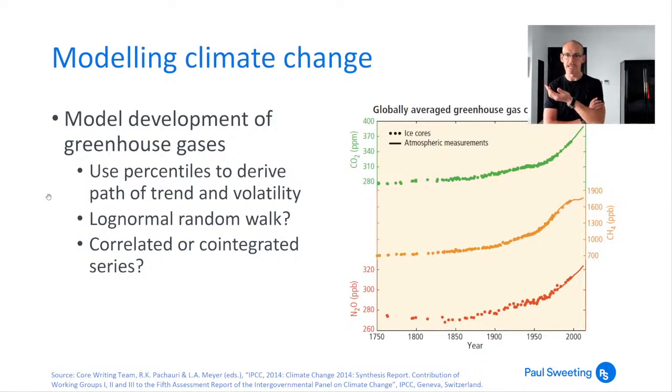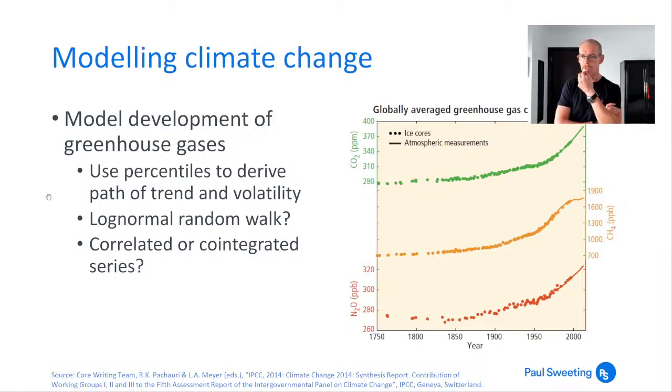So if you're looking at, say, CO2 and methane, you might expect there to be a degree of co-integration there. Because increasing CO2 concentrations, which would lead to higher temperatures, would lead to more methane.